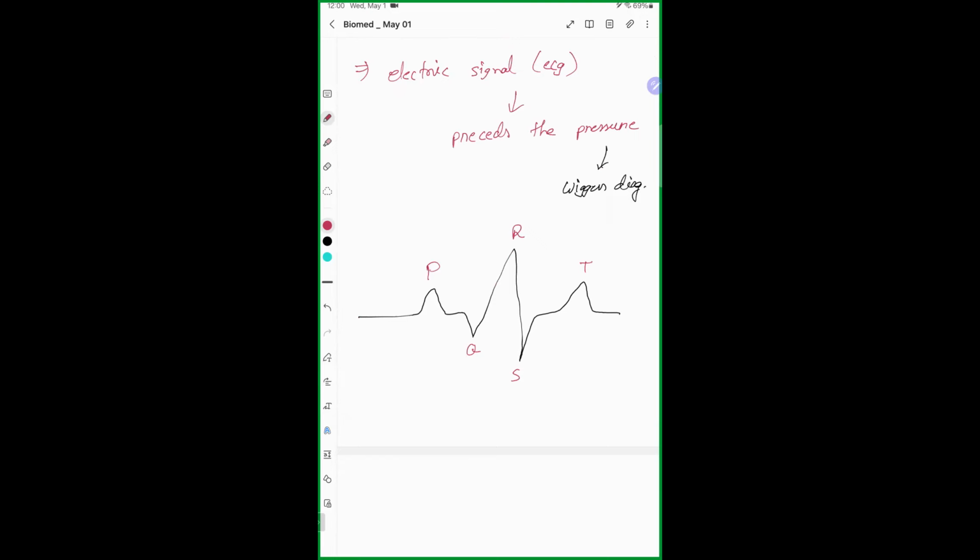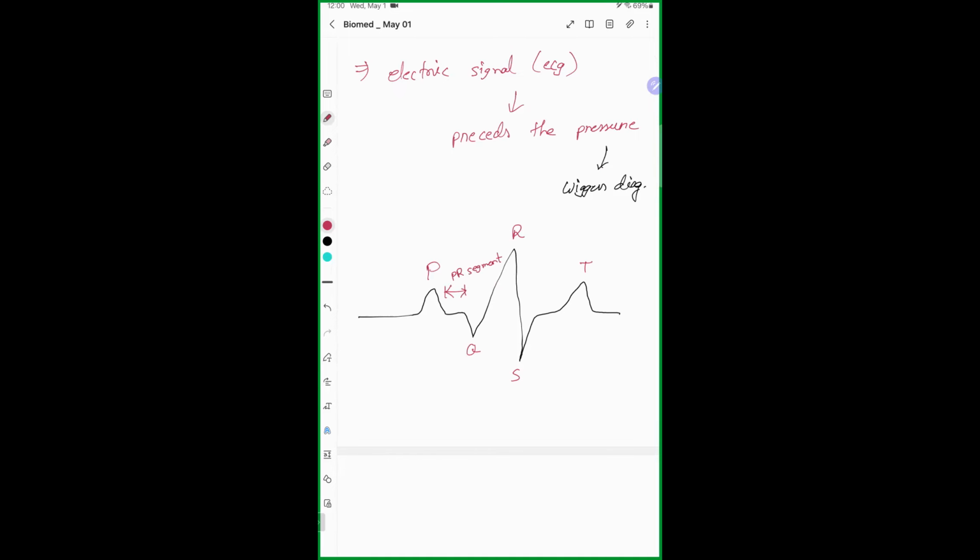So it looks something like this. And these are the peaks. This is the P, Q, R, S, T. These are the 5 peaks. And we name this portion to this portion the PR segment.